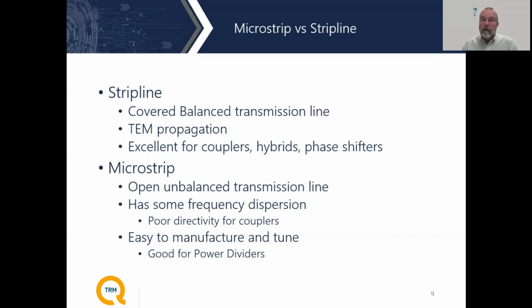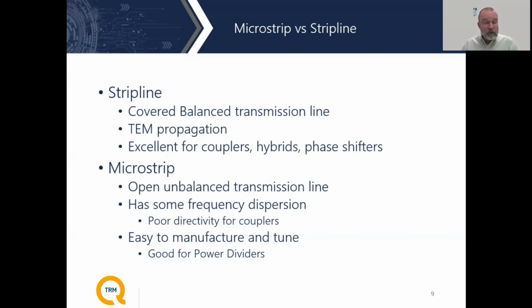Unlike a strip line device where you have a balanced mode, when the field is balanced, it means that it is symmetrical. And when it is symmetrical, the field is in the same medium going to both ground planes at the same time. What this does is allow the propagation time to be independent of frequency.